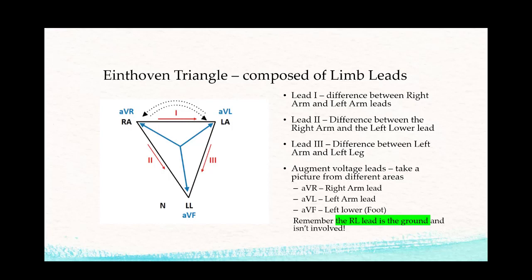And we use the information from these different leads to figure out where a heart attack is happening. That's really more advanced stuff that we're just going to gloss over. I'll show you how it's done, but for the purposes of our class, we want you to be able to recognize the basic rhythms more importantly than coming up with specific details.